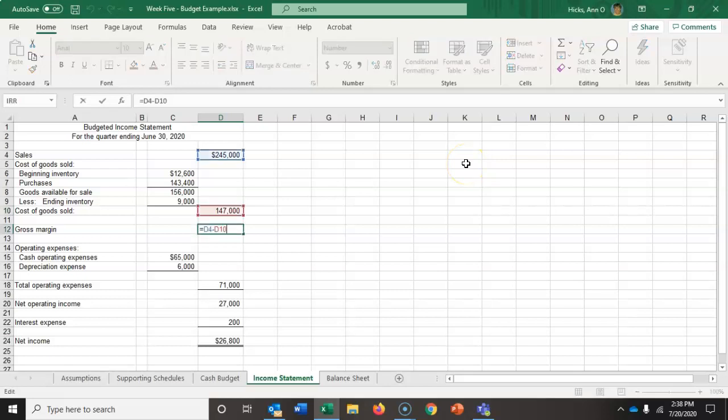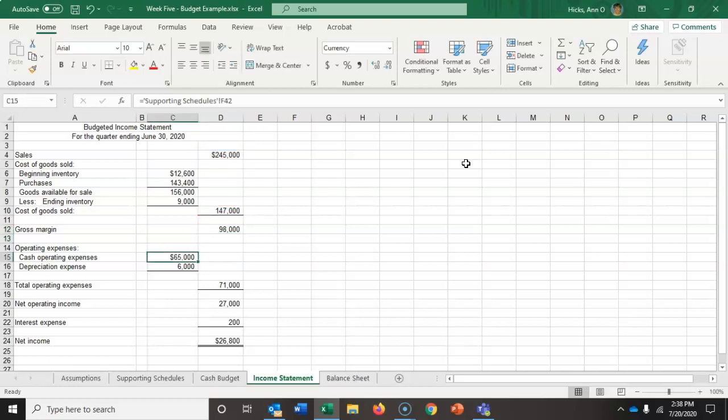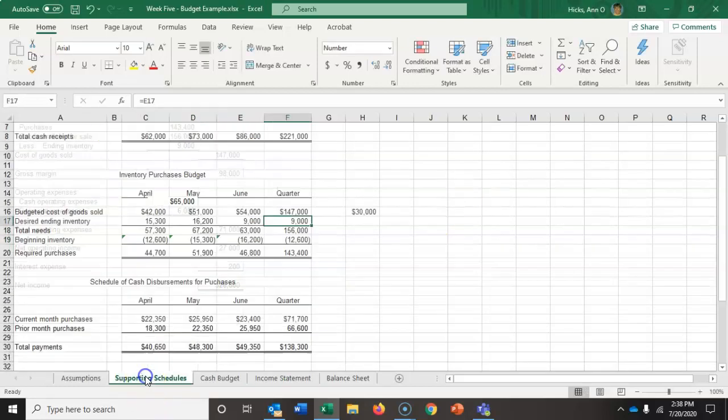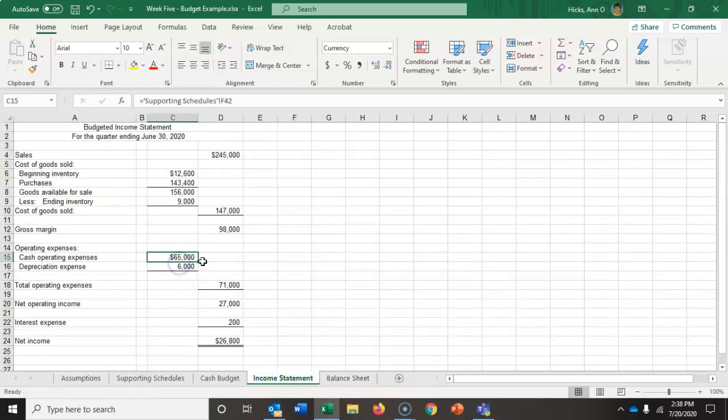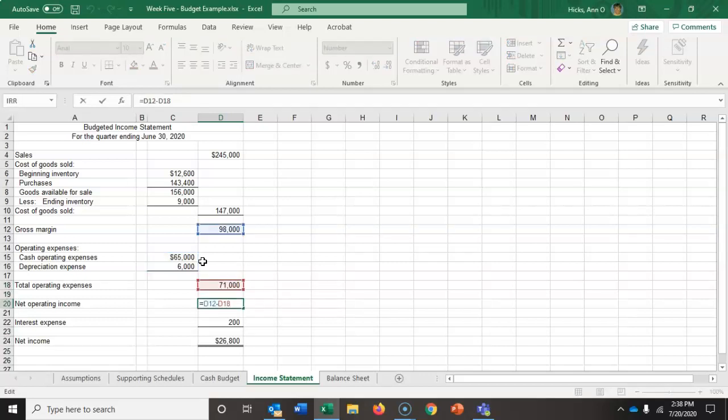Gross margin is just the difference between sales and cost of goods sold. Our cash operating expenses come from the supporting schedules, the total. And then notice, now we're going to include depreciation. Depreciation doesn't affect cash, but it most certainly affects income. And that's going to leave us with $71,000 in total operating expenses. We subtract that from our gross margin, and that gives us our net operating income of $27,000.